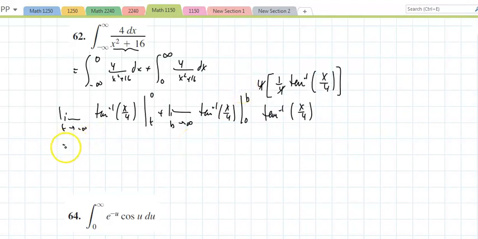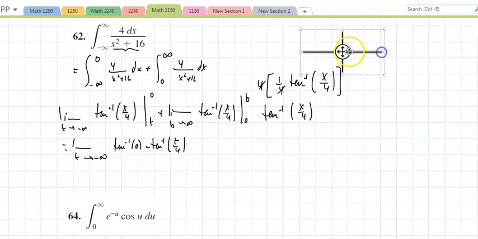And this is going to be the limit as t approaches negative infinity. Inverse tangent of 0 is 0 minus inverse tangent of t over 4. And we know the graph of a tangent. I went over that with you and I told you you're responsible for that graph.